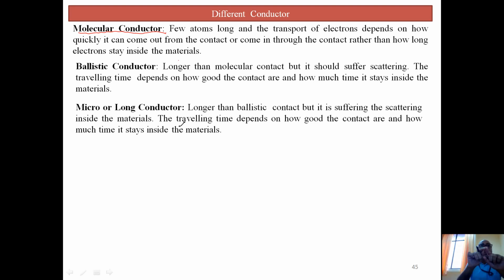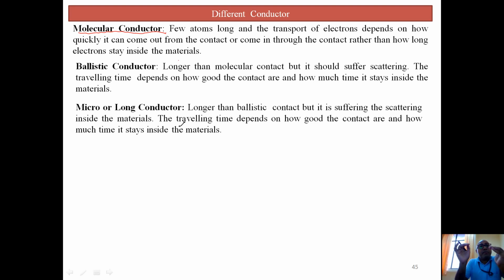It really doesn't depend how much time they stay inside this 10 atom long, or 10 angstrom long, or 10 or 20 molecular long material, because it is so tiny it can easily escape through.